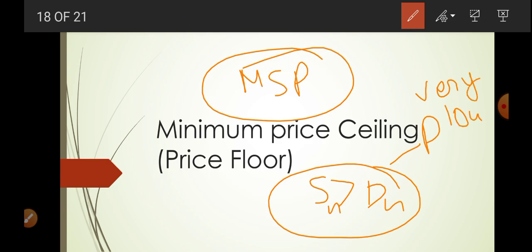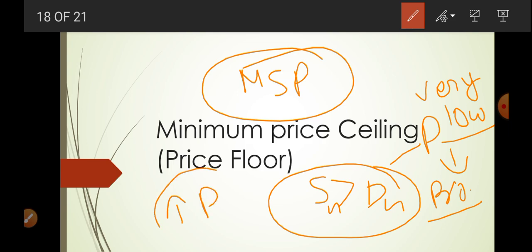Okay, and this price is not sufficient for the producers. The government comes and increases the price forcefully, and this is the price below which a buyer cannot purchase. Okay, so this is what minimum price ceiling या price floor is.